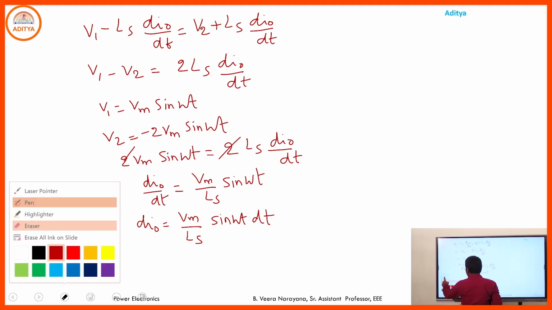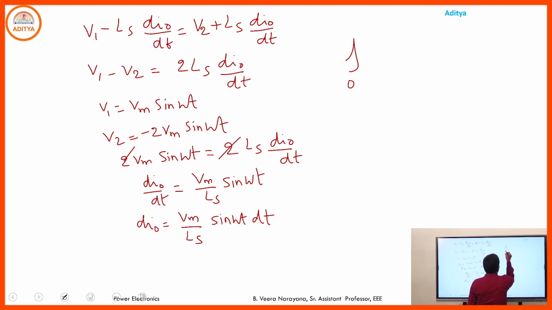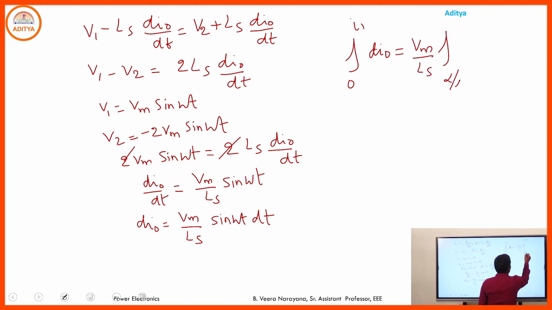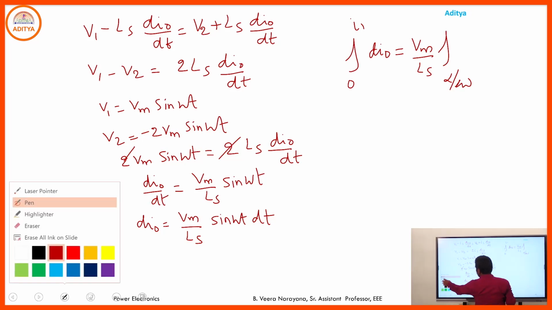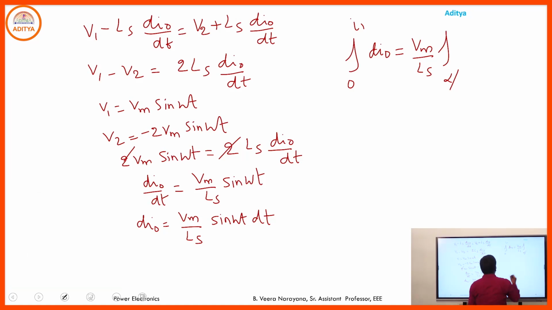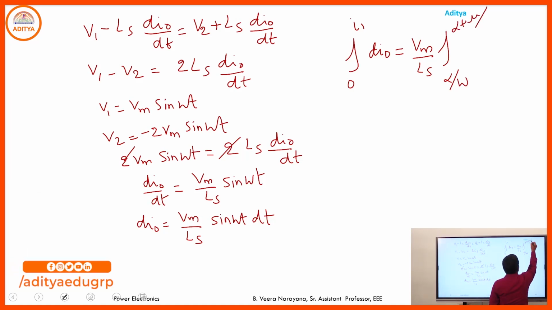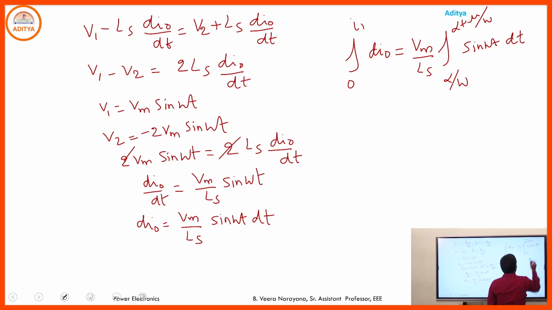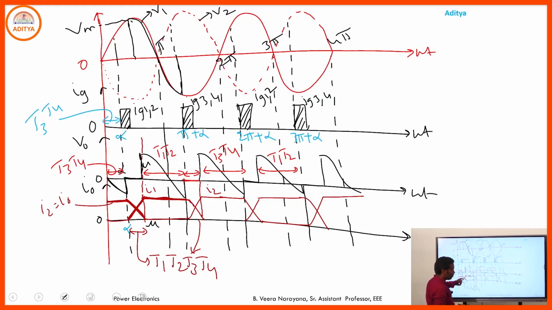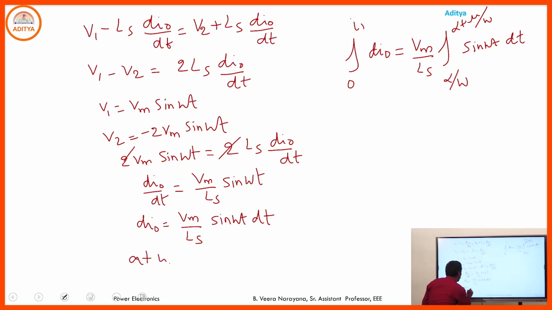And here, applying the limitations. If you go through this current waveform, at omega t is equals to alpha, what is the I naught?